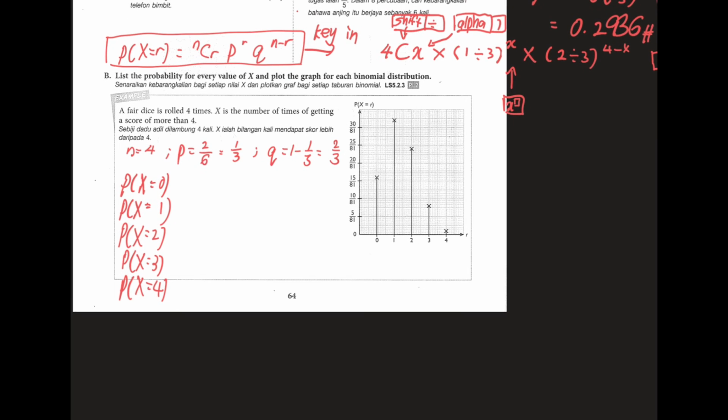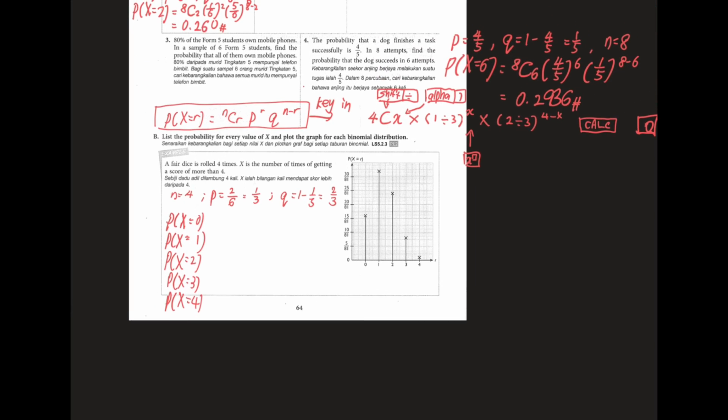Of course we have to show working for at least one time in order to get the marks. Let's say I show working for 0: 4C0 times 1 over 3 power 0 times 2 over 3 power 4 minus 0 equals 16 over 81.